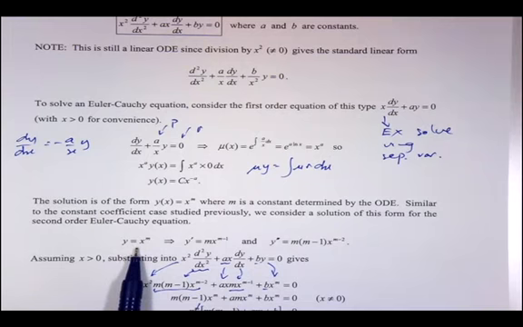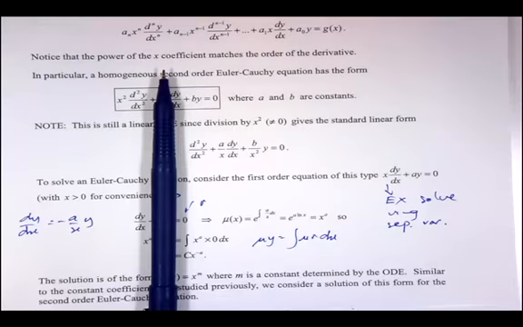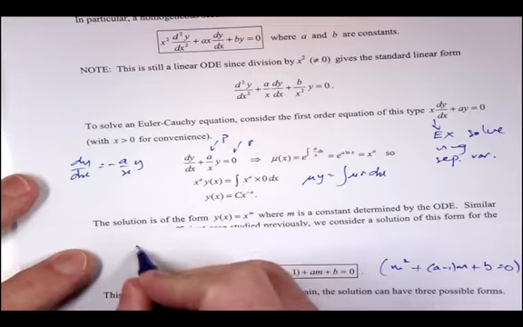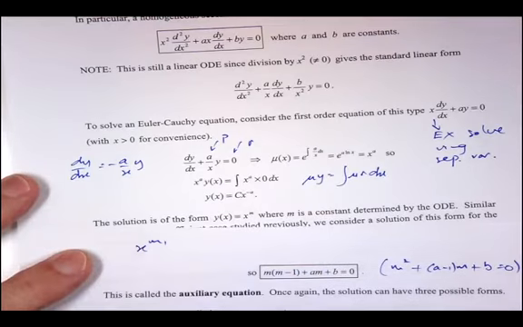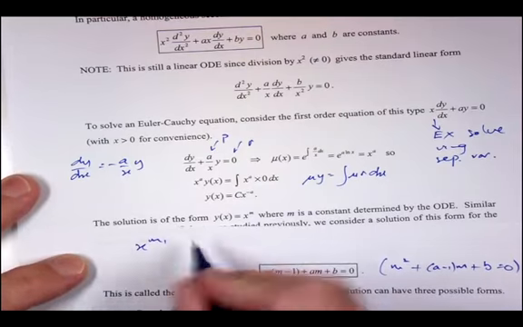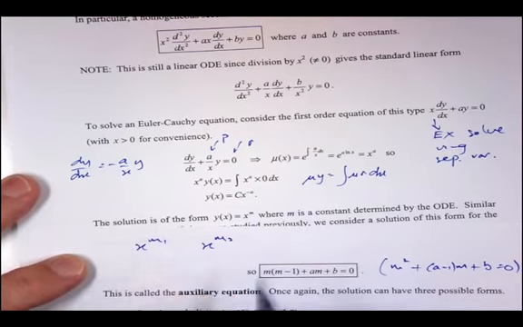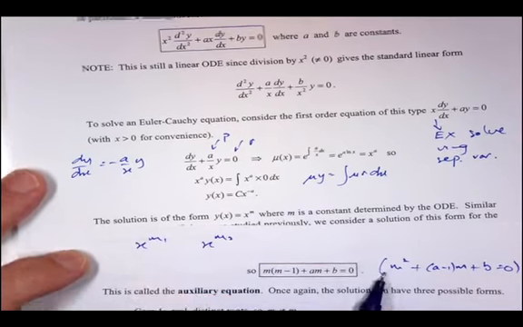Okay? This is a linear equation, which means that for any solution, a constant times any solution is also a solution. So a constant times the first power of x, and another constant times the second power of x will also be a solution. So that's telling me that if I've got x to the m1, that's one solution. And if I have x to the m2, where m1 and m2 are the solutions to this, that's another solution.